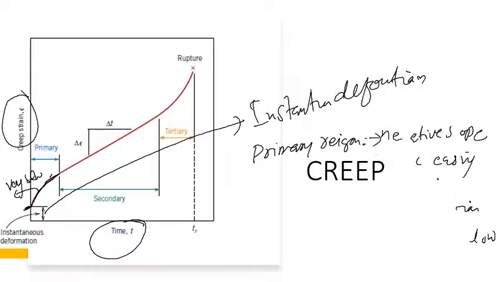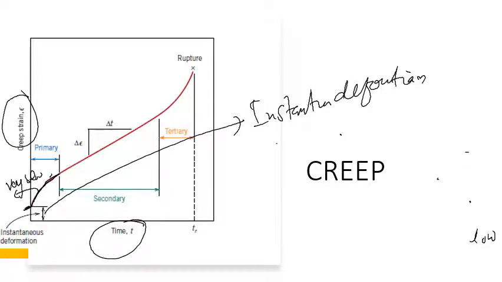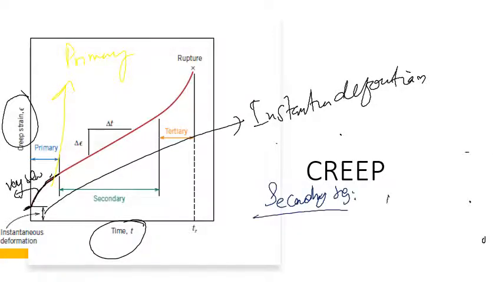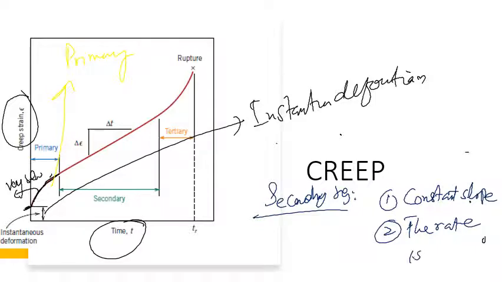Now, when we move to the secondary region, we are done with the primary region, right? Now, what about the secondary region? The secondary region has a constant slope, right? The rate is constant. And why is the rate constant?